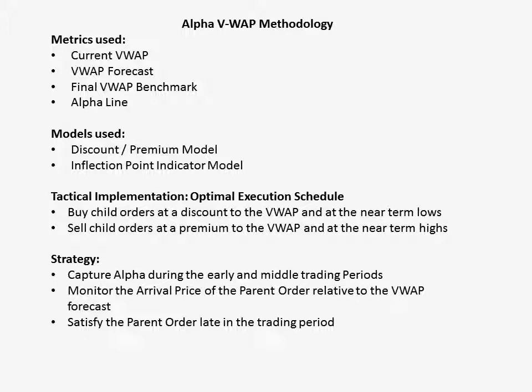The optimal child order execution schedule is based on buying child orders at a discount to the VWAP and at the near-term lows, and selling child positions at a premium to the VWAP and at the near-term highs. The general strategy is to capture alpha during the early and middle trading period, providing a cushion and lowering our arrival price. We monitor the arrival price of the parent order relative to the VWAP forecast.